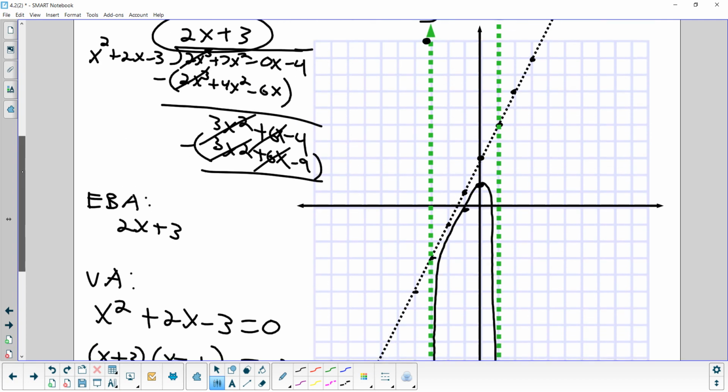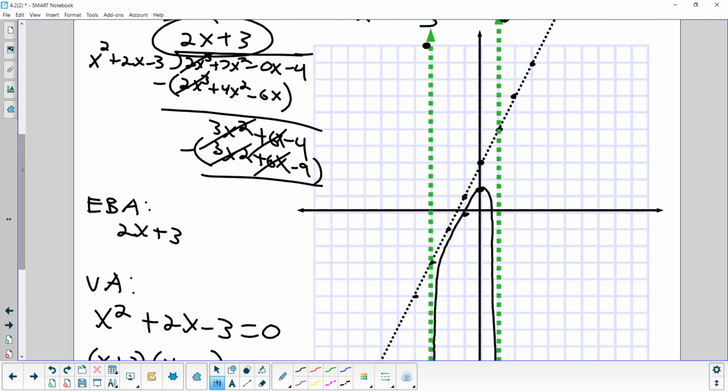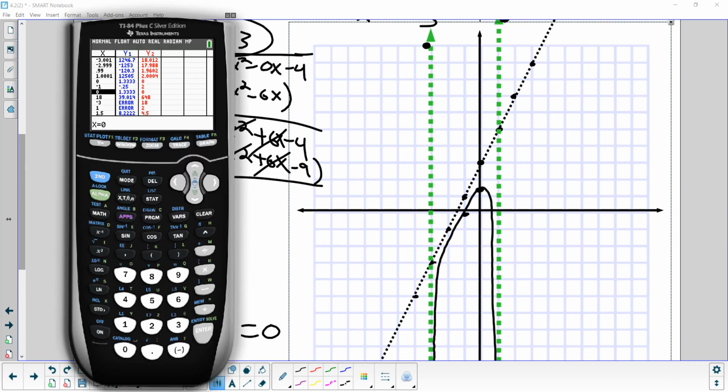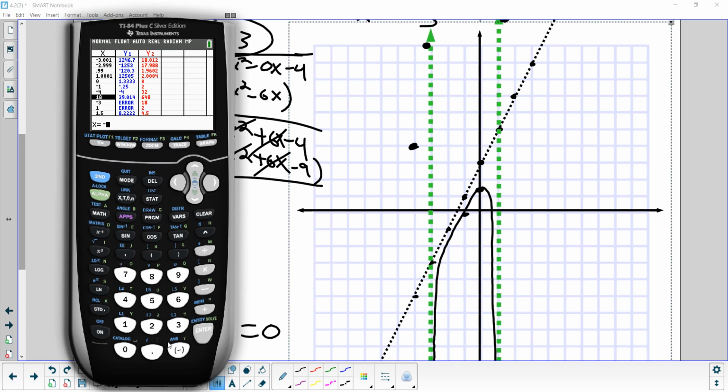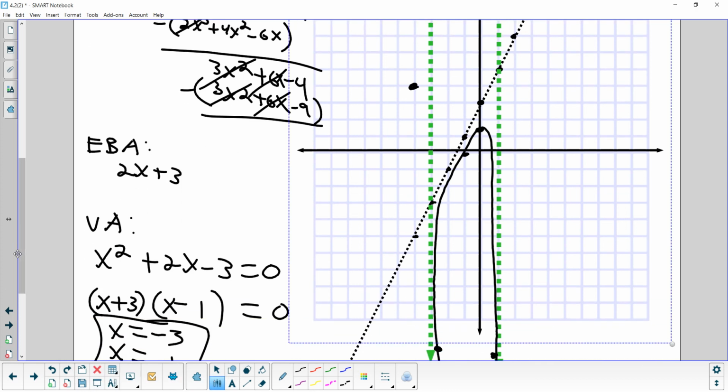Now, the part on the left, I'm going to get a couple more points. Let's do -1, -2, -3. Let's do -4, just to get another point. -4, 4. Okay, 1, 2, 3, 4. All right, and let's do one more. Let's do like -7. -7, -10.